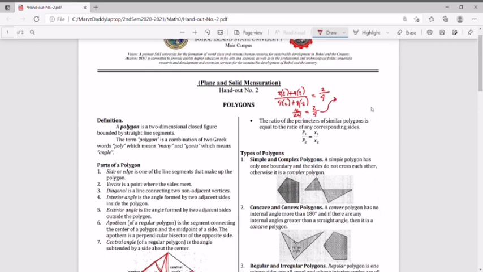So 12 over 24 is 1/2, and 2 over 4 is also 1/2. So check. This is another relation between a set of similar polygons.